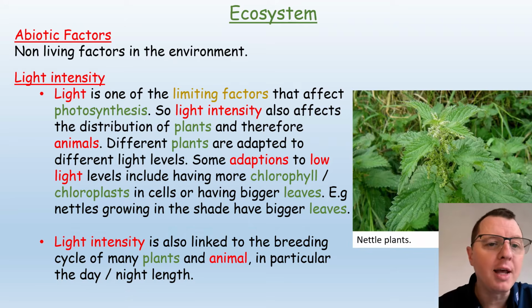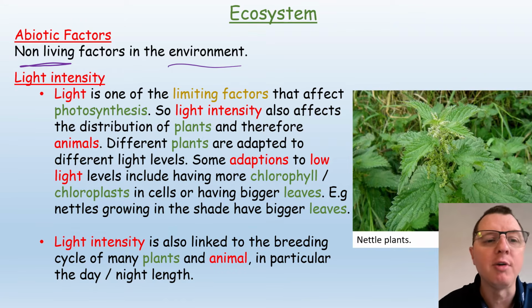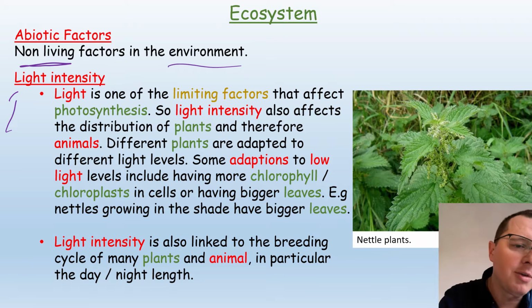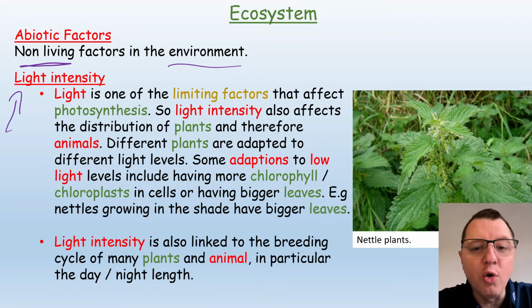So, as we've said, an abiotic factor is a non-living factor within the environment. And the first one on our list is light intensity. Now, as you should already know at this point in your GCSE course, light is one of the limiting factors that affects photosynthesis. So light intensity also affects the distribution of plants and therefore the animals that feed on them.